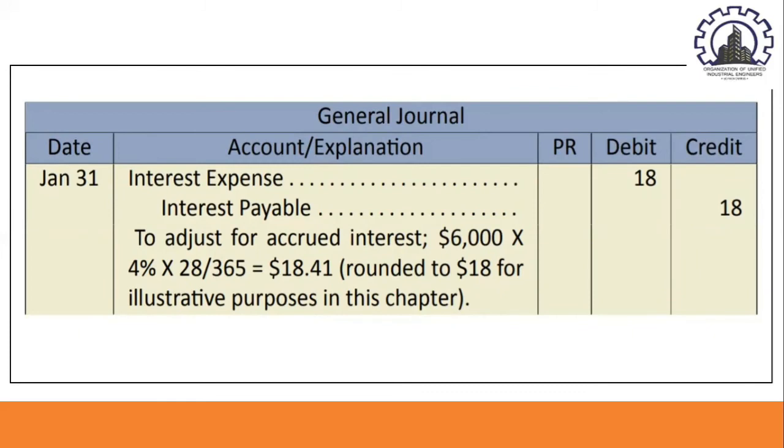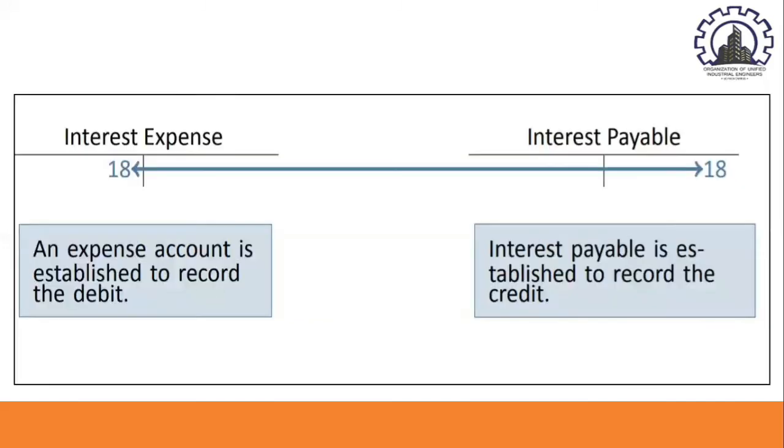And the entry creates a payable that will be reported as a liability on the balance sheet at the 31st of January. So when the adjusting entry is posted, the accounts appear as this one. This is how the T account would look like.